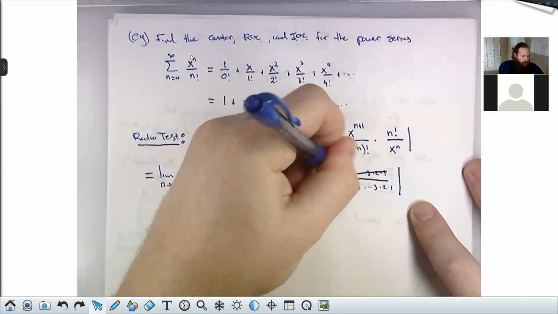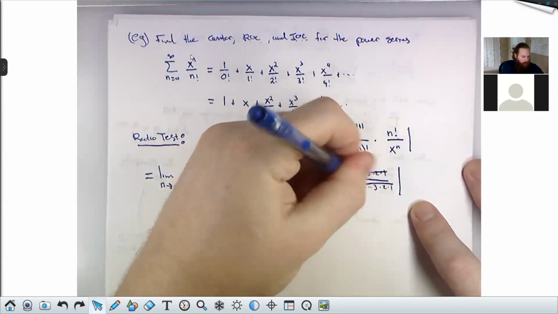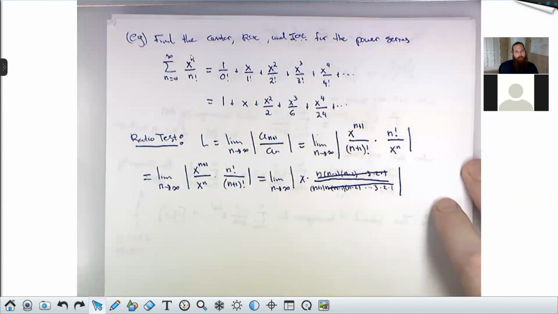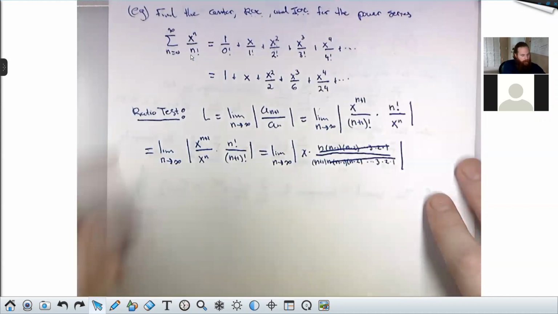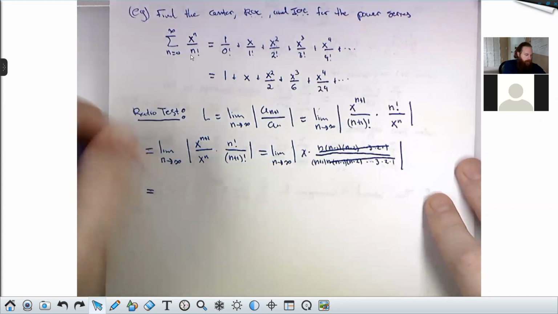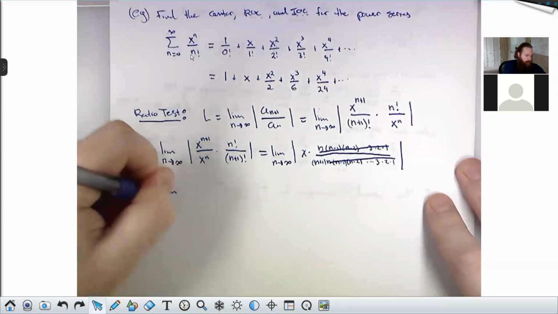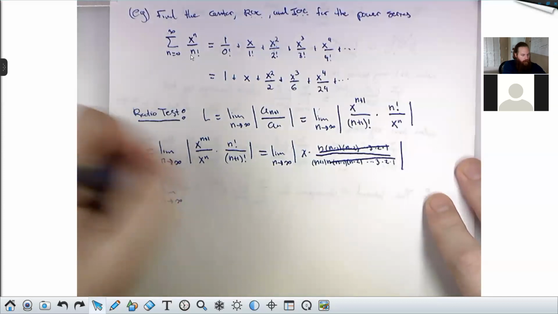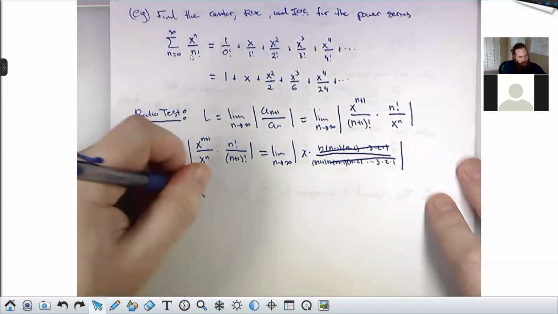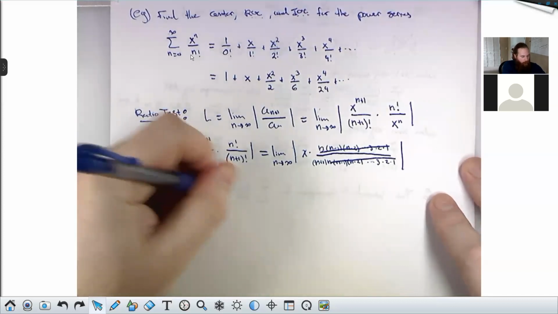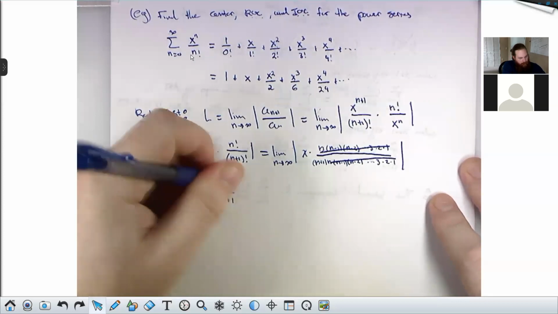And the whole of this numerator cancels with most of that denominator. So what we get out of this is the limit as n goes to infinity, absolute value of x times 1 over n plus 1.